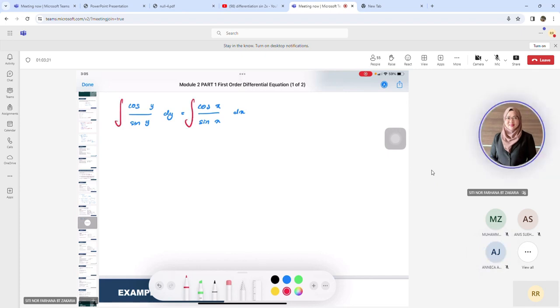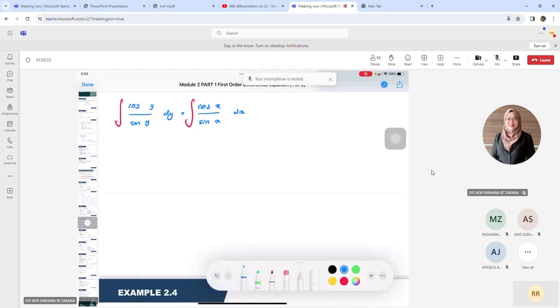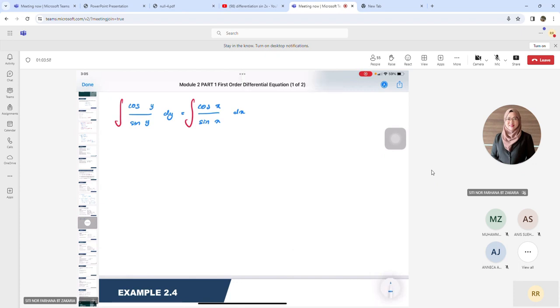So, integrate both sides. How to integrate this one? Fazli. How to integrate cos y over sin y dy? Hello, doctor. Can you hear me? Yeah. I can hear you. Using ln. Using ln? Cannot.